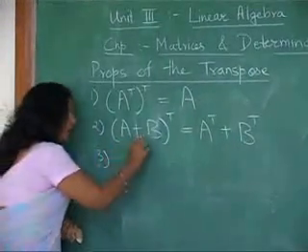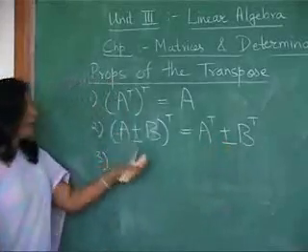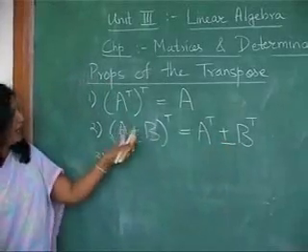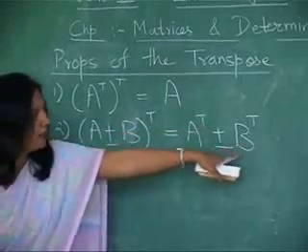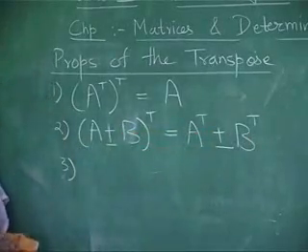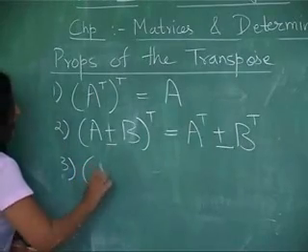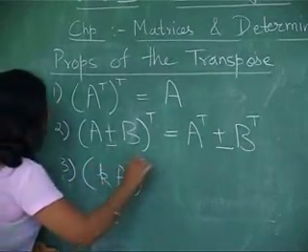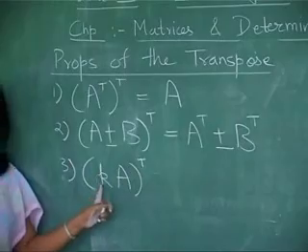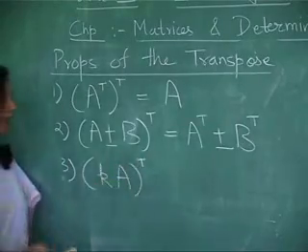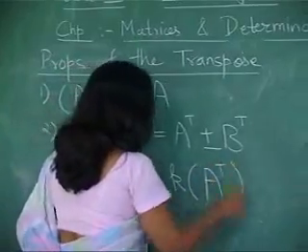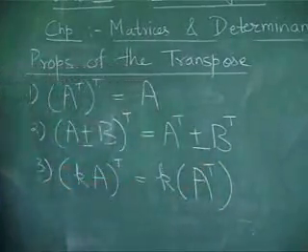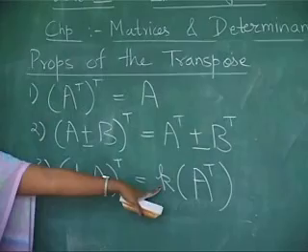The same thing also works for A minus B transpose. A minus B transpose is A transpose minus B transpose. And if I do scalar times a matrix and then take the transpose, it's going to give me the same effect as when I first take the transpose and then multiply by the scalar K.